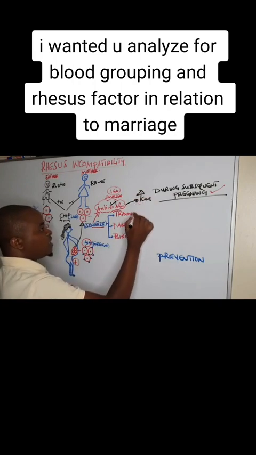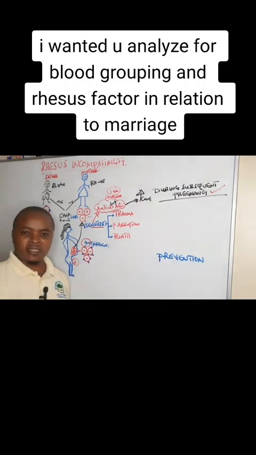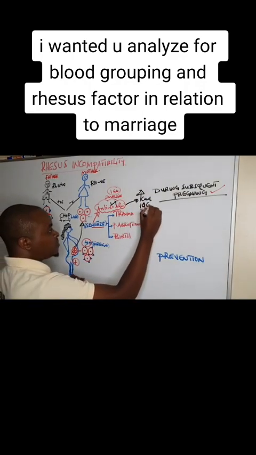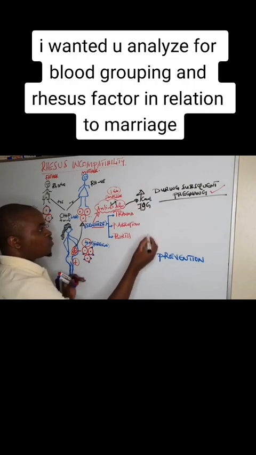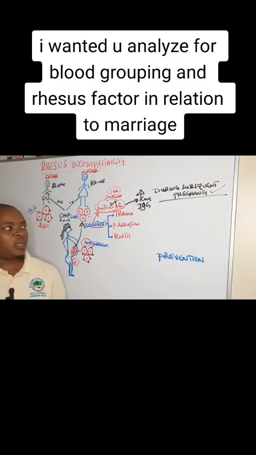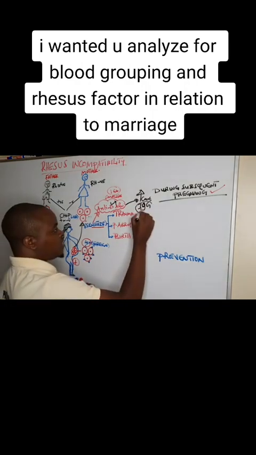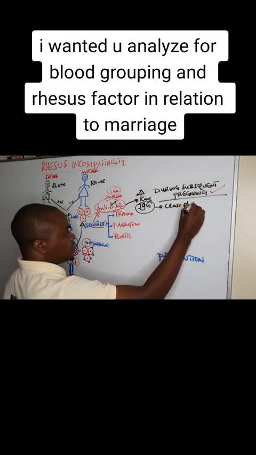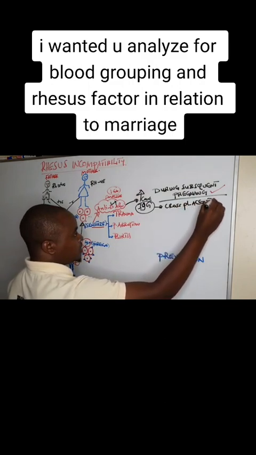Because it is a secondary response, they are of IgG type, immunoglobulin G, and these have the ability to cross the placenta.